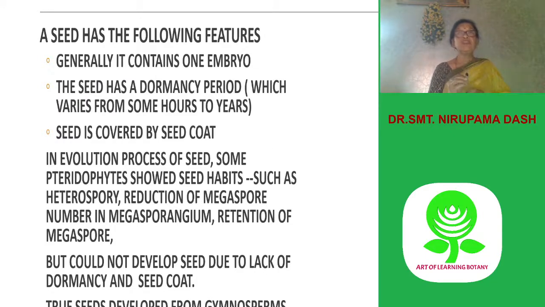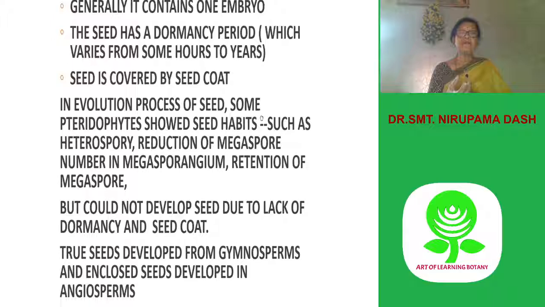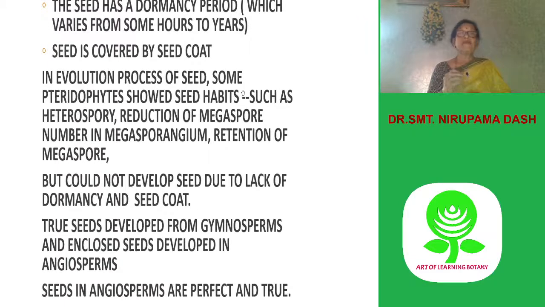In the evolutionary process of seed, the pteridophytes show the seed habit such as heterospory, reduction of megaspore in the megasporangium, and retention of megaspore also.